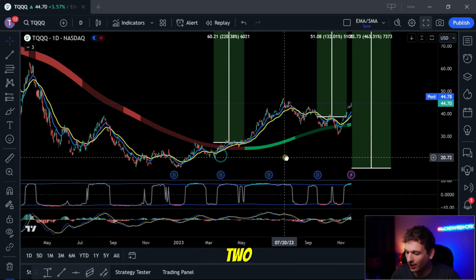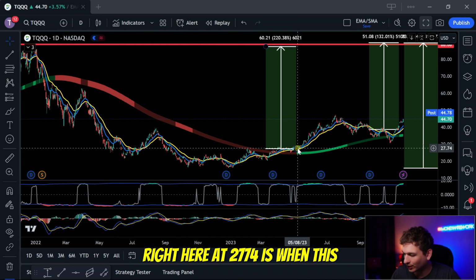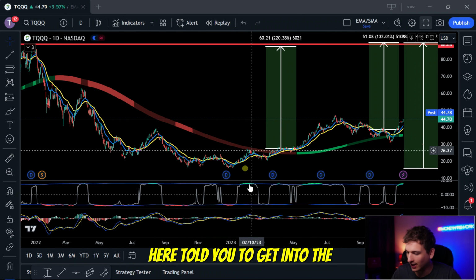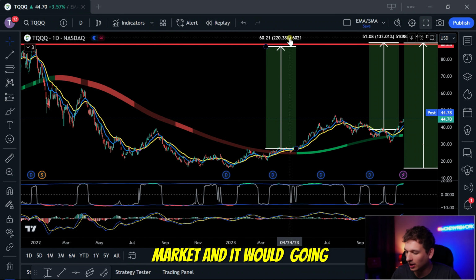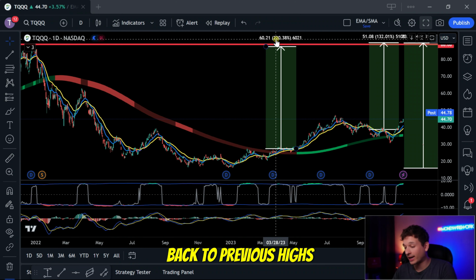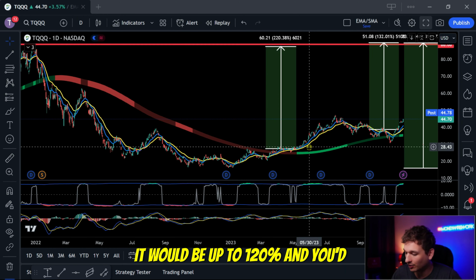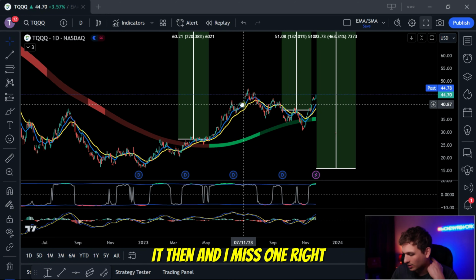Now, these other two, I just wanted to point out, this right here at 27.74 is when this trade setup that I have right here told you to get into the market. And going back to previous highs, it would be up 220%. And you'd be up even more than 19% right now if you would have gotten into it then.